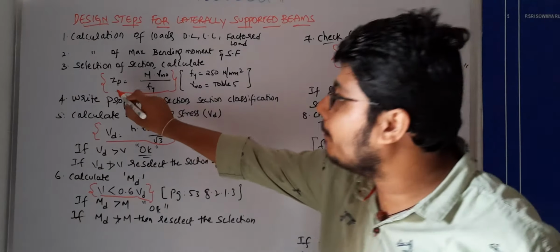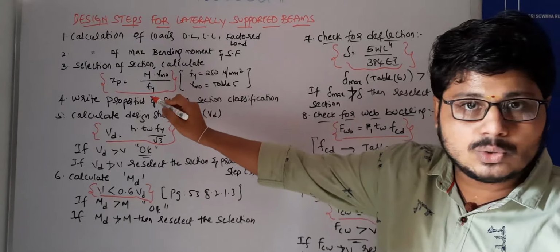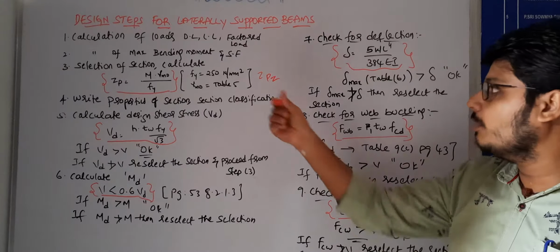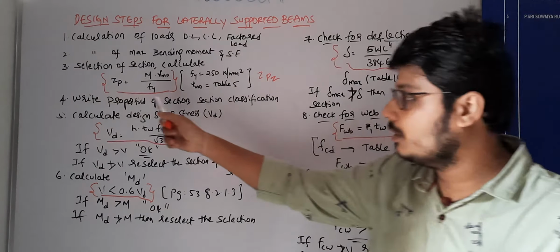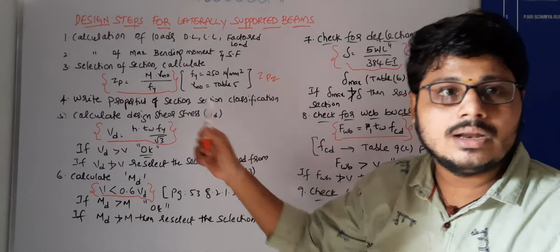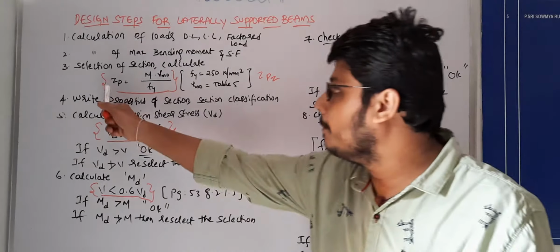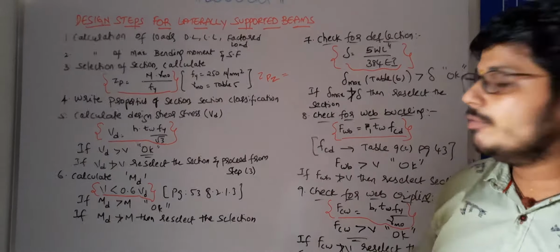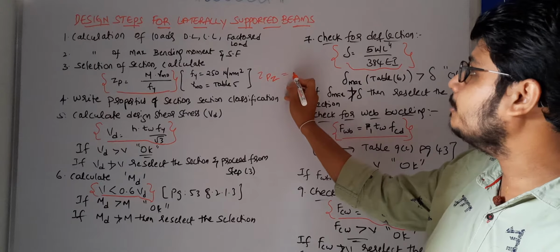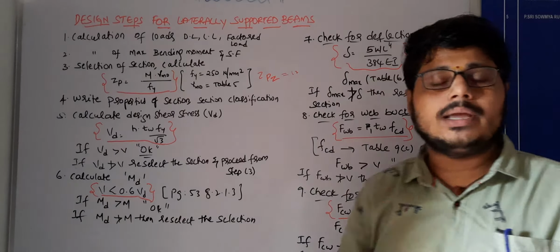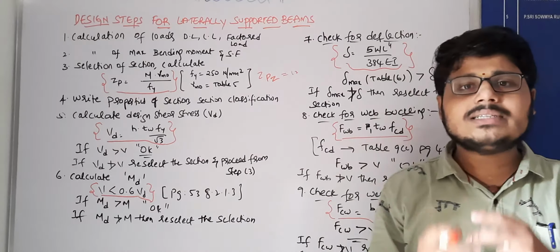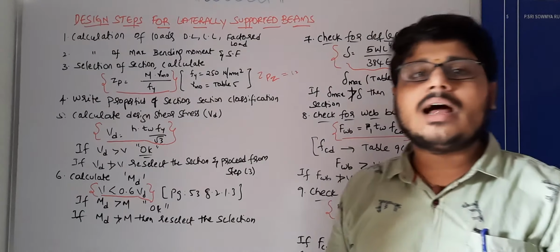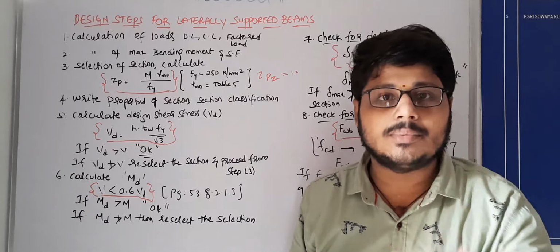By knowing the plastic section modulus ZPZ value, we calculate the properties of the section. For example, if the ZPZ value is 1811, we look for a nearer value or more than 1811 and take that section.